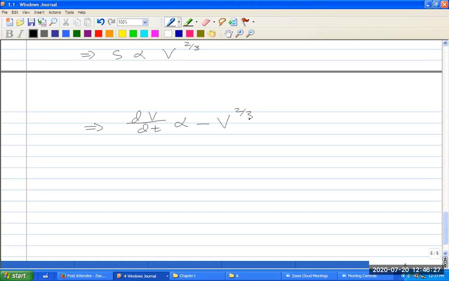So now I have that dV/dt is equal to, let's say, minus K V to the 2/3, where K is some constant of proportionality greater than 0. And that is my differential equation.